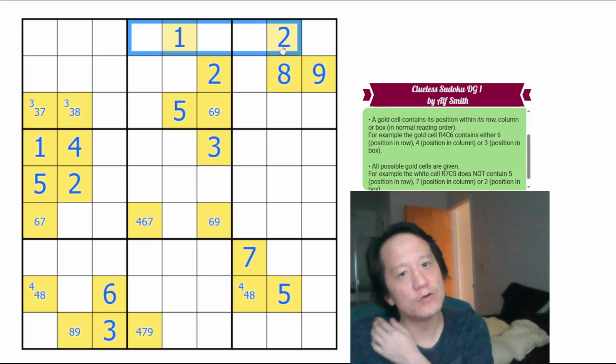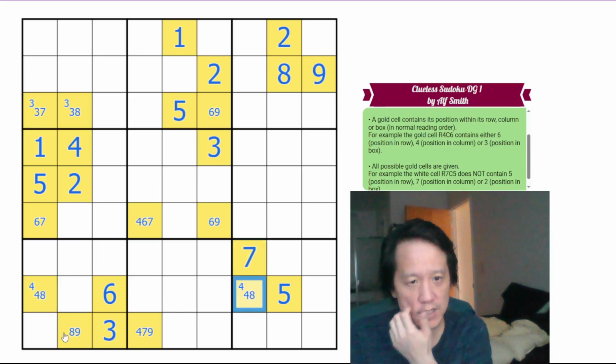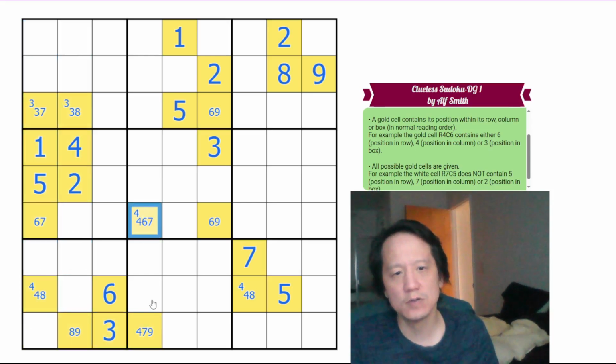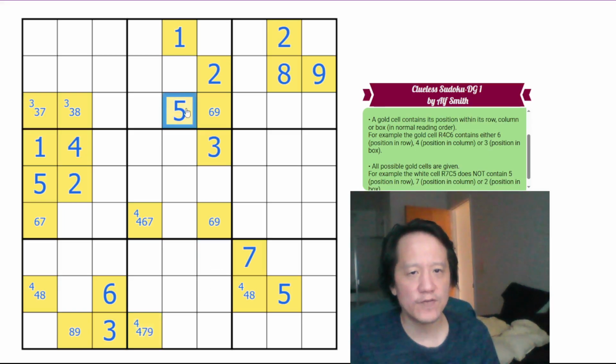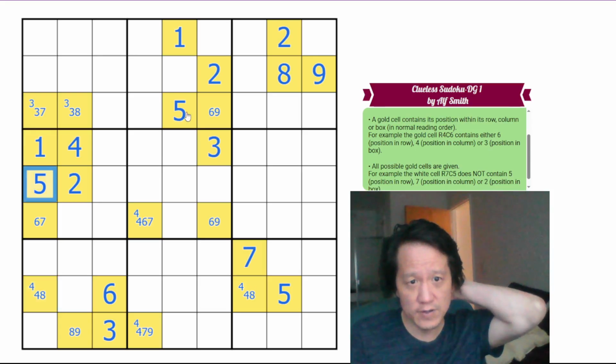So again, rows, we have 1, 2, 3, 4, 5. One of these is 6, 7. One of these is 8. One of these is 9. In columns, we have 1, 2, 3. One of these is 4. 5. One of these is 6, 9. Obviously, 7. We have 8. We have 9. In positioning, we have 1, 2, 3. One of these is 4. We have 5.